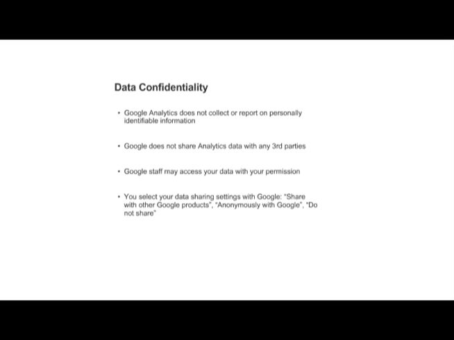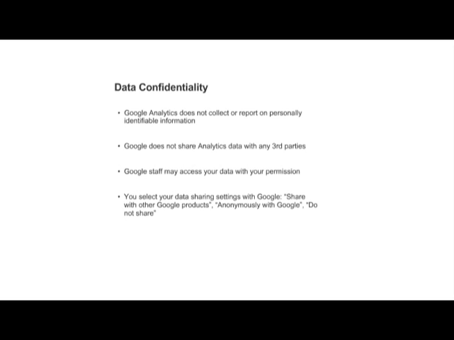You may elect to share your Google Analytics data with other Google products, and Google will use the data to improve the products and services we provide you. Electing to share your data anonymously with Google and others allows you to use benchmarking. To provide benchmarking, Google removes all identifiable information about your website, then combines the data with hundreds of other anonymous sites in comparable industries and reports them in an aggregate form.